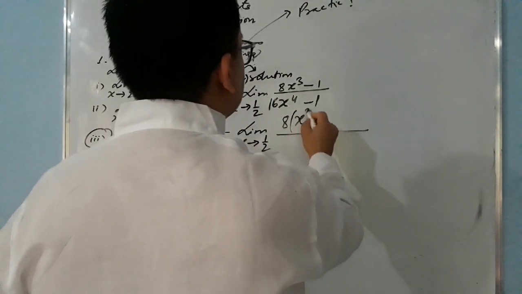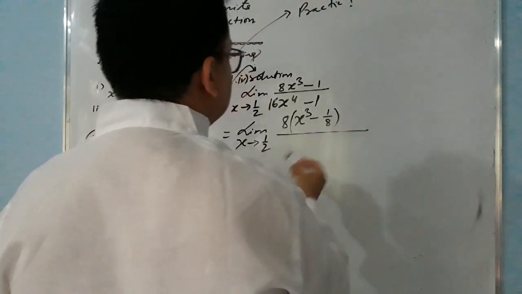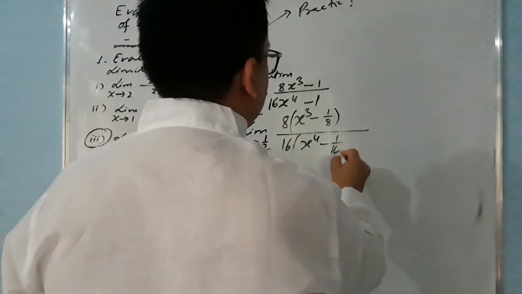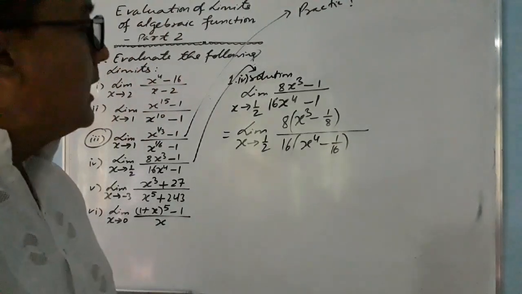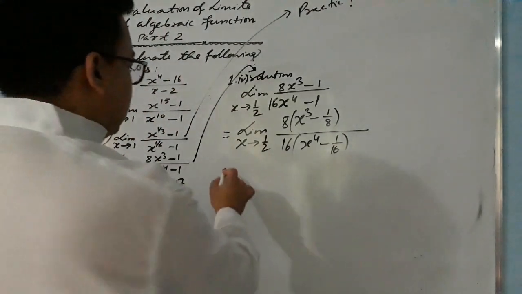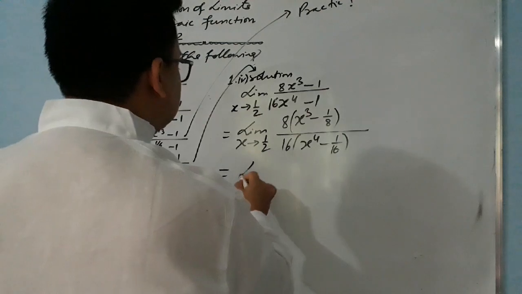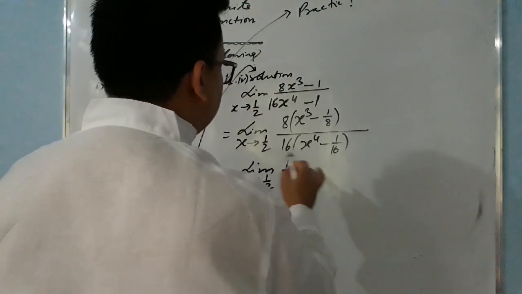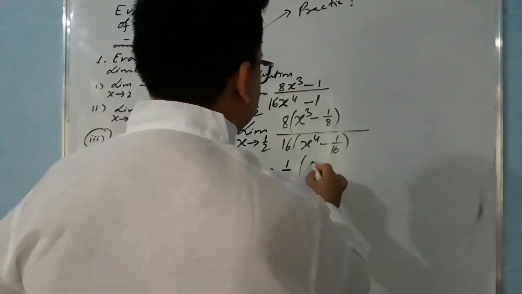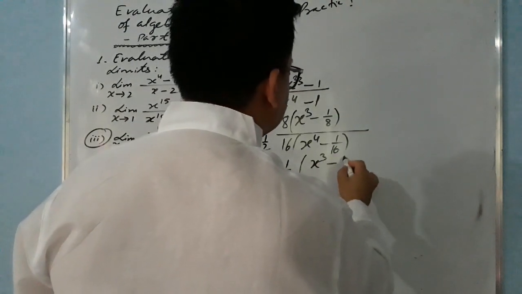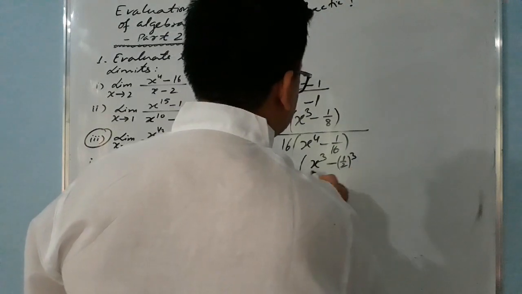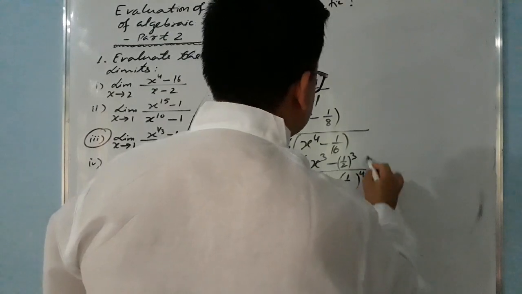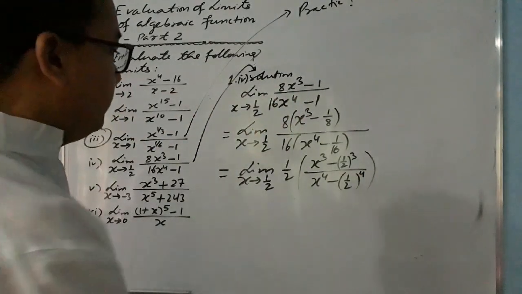Take 8 common: x raised to power 3 minus 1 upon 8, and 16 common: x raised to power 4 minus 1 upon 16. Clear? And 8 upon 16 means, as x tends to 1 by 2, here 1 upon 2, and here we have x cubed minus 1 upon 8, meaning 1 upon 2 raised to power 3, upon x raised to power 4 minus 1 upon 2 raised to power 4.